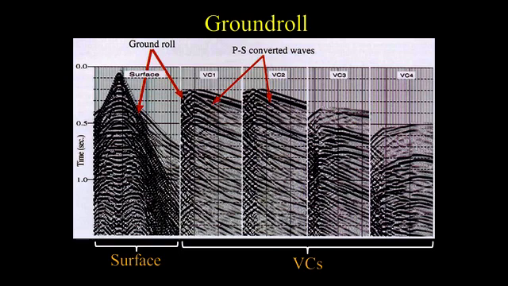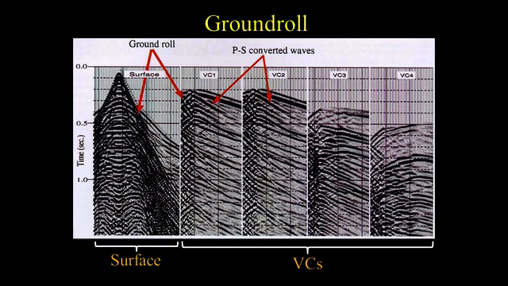The ground roll in the surface data is disturbing primary events in the surface seismic data, whereas the ground roll in the vertical cable is limited to shallow receivers in the low velocity region. In other words, we can see that the vertical cable data in this figure have more or less the same appearance as VSP data. There are strong downgoing events and weaker upgoing events.